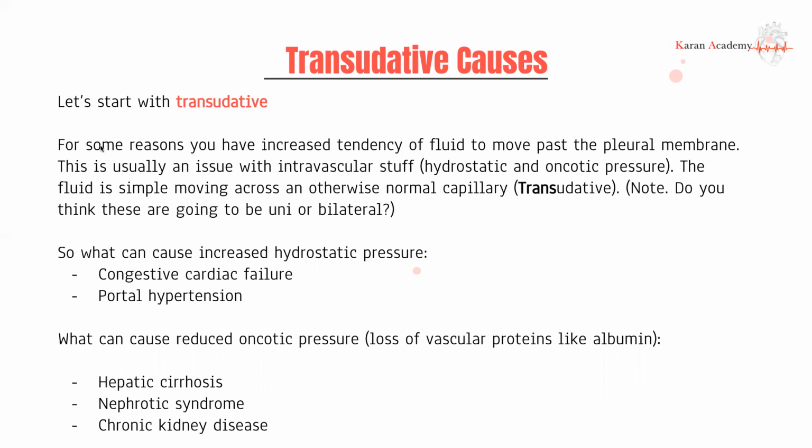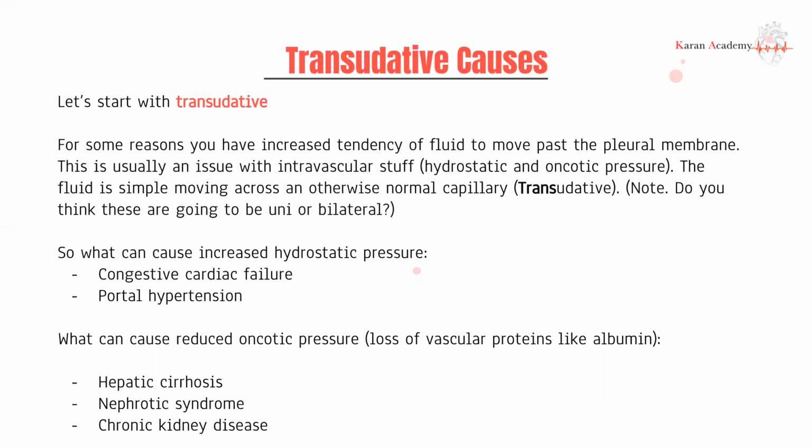Let's say for some reason you have an increased tendency for fluid to move across the capillary membrane. Now, as you've probably learned in cardiophysiology, the two factors affecting the tendency of a fluid to move across the membrane are its hydrostatic pressure and its oncotic pressure. So if you have a normal capillary membrane, but fluid moving through, you're going to have either increased hydrostatic pressure or reduced oncotic pressure.